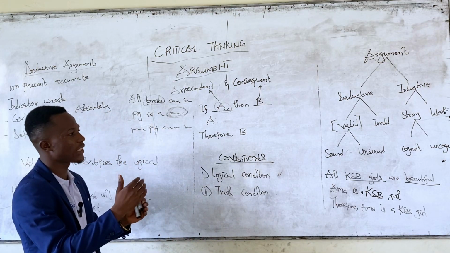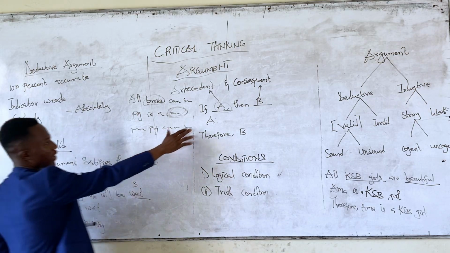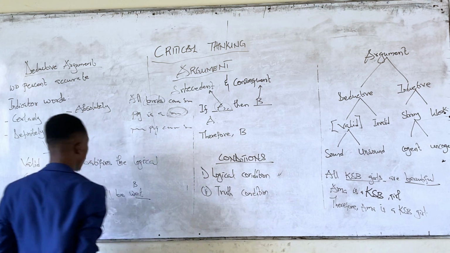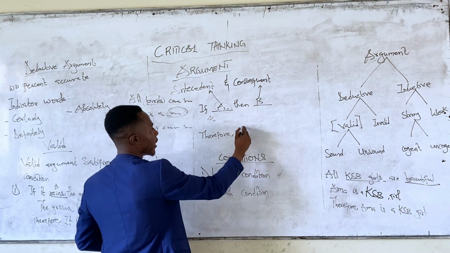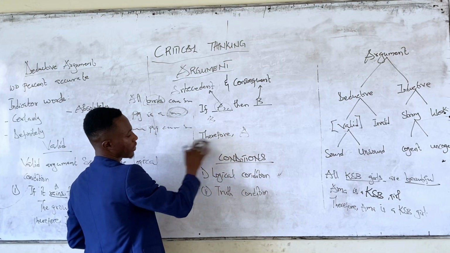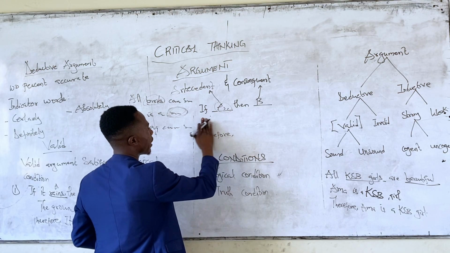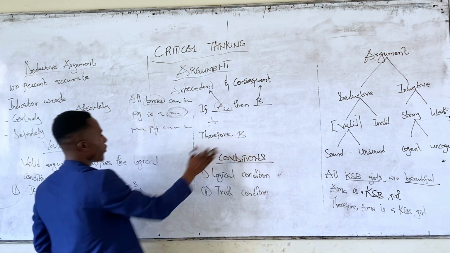The pattern is this: if A, then B. So if A comes here, therefore B. So anytime B will come here for A to come here, it has broken down the pattern. Do you get it? So that one will be classified as invalid. Okay. So this is valid.